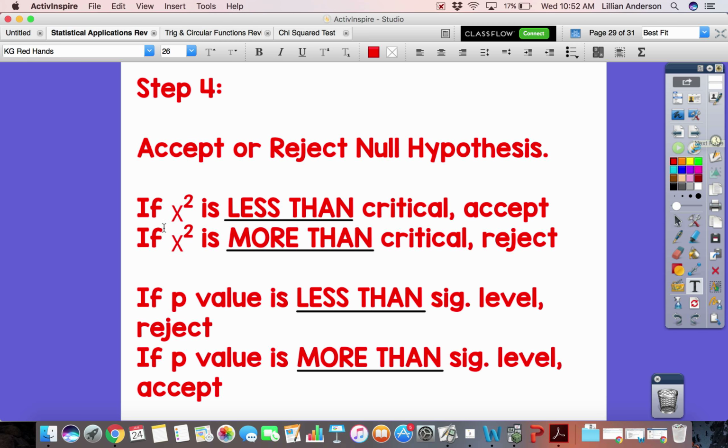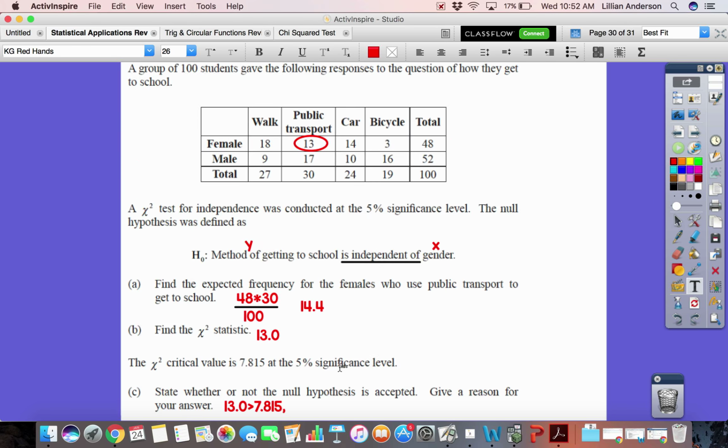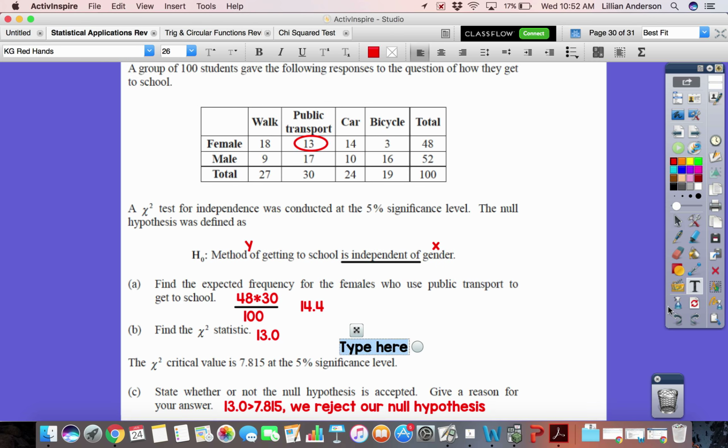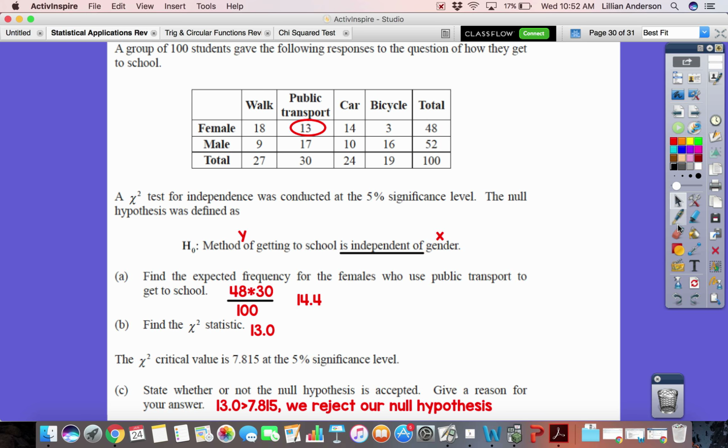Okay, so when the chi-squared test statistic is more than the critical value, you're going to reject your null hypothesis. So when it asks us to give a reason, the math right here is our reason, and we are going to say we reject our null hypothesis. Or you can say we are not going to accept our null hypothesis. And that's your chi-squared test statistic.